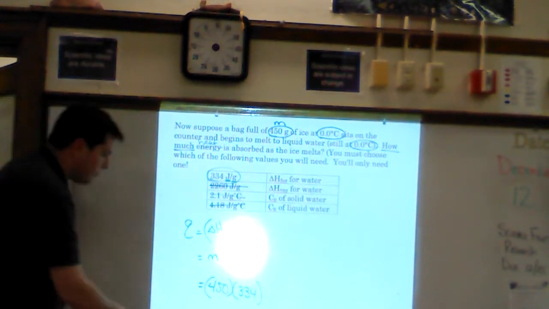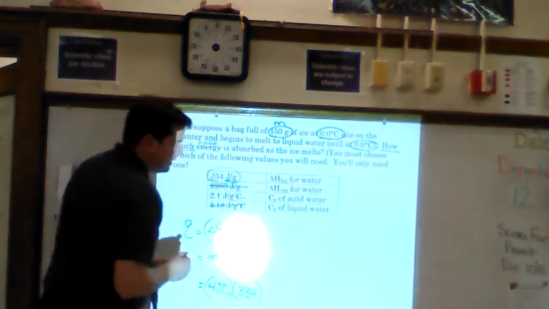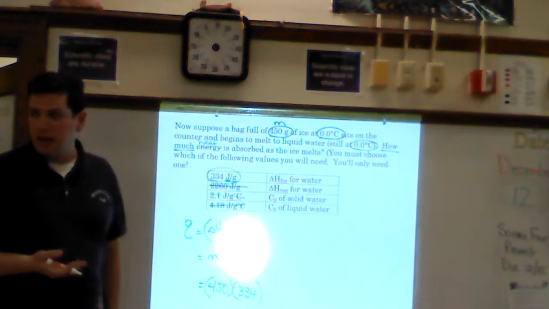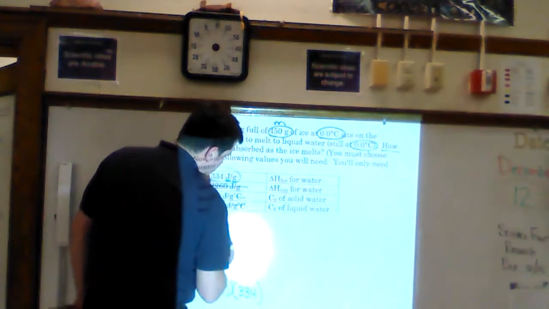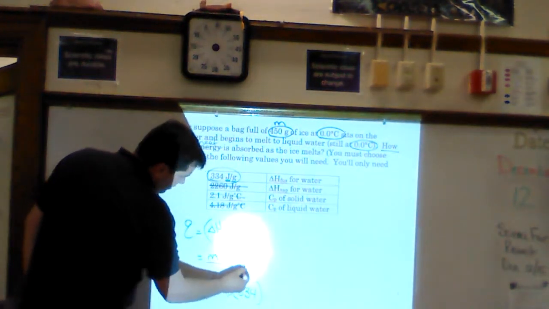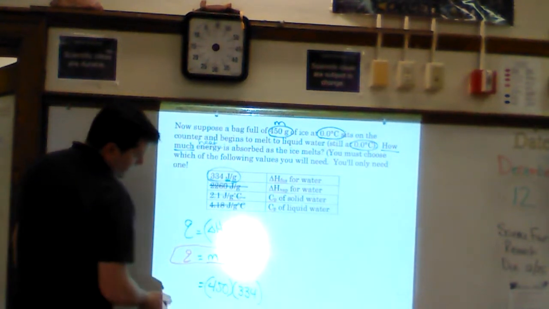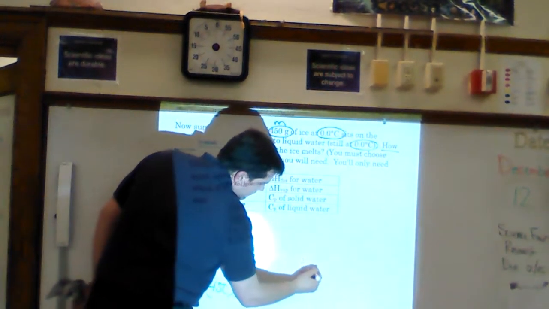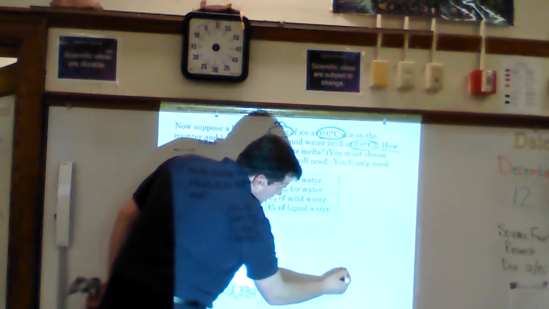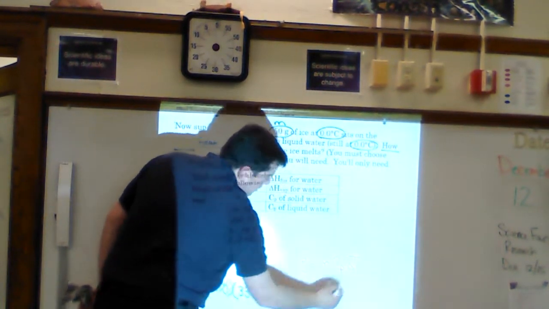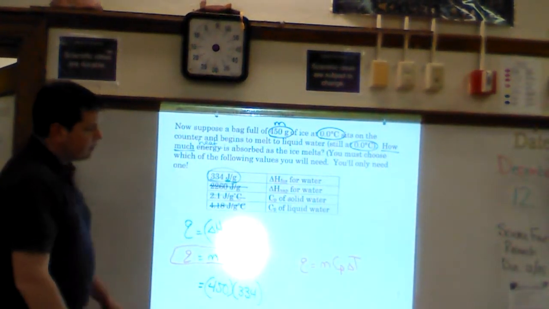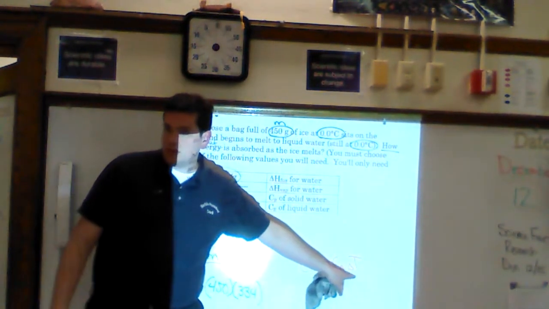Now, this is not something that I asked you on the test, or that I'm going to ask you on the test, right? But if you take a look at this equation right here, Q equals this, and you think about Q equals mCp delta T, right? We couldn't use this one because delta T was 0.